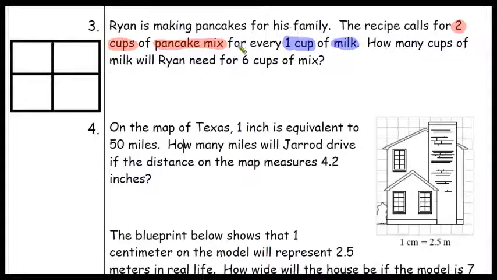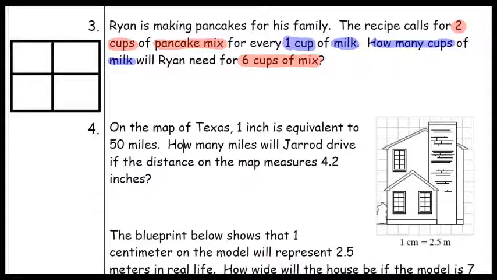So you have to tell them apart by saying what kind of cups they are. Here the question says how many cups of milk, and that's the blue color that I used. How many cups of milk will Ryan need for 6 cups of mix? Okay, or the pancake mix. So that's the other red right there. So the 2 things being compared here is cups of mix and cups of milk.